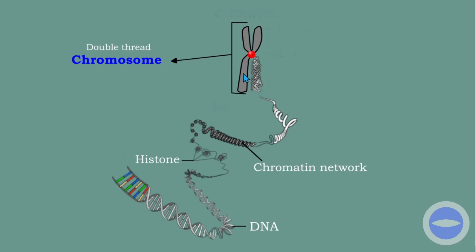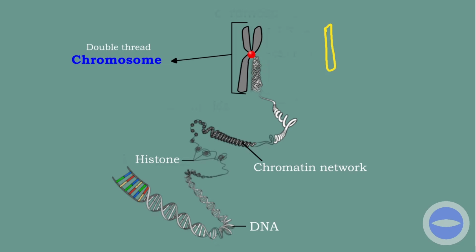And if it's single, maybe like this, sometimes they will give you a single one like this, and this is a single thread chromosome. It has not yet gone through replication, DNA replication. So you must be familiar with this structure. You must know that a chromatin network is DNA which is wrapped around proteins.